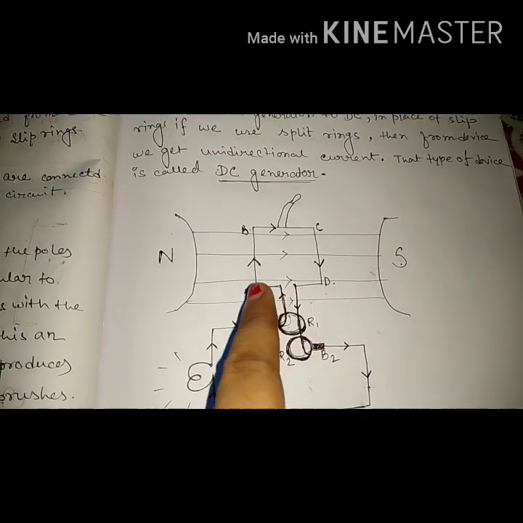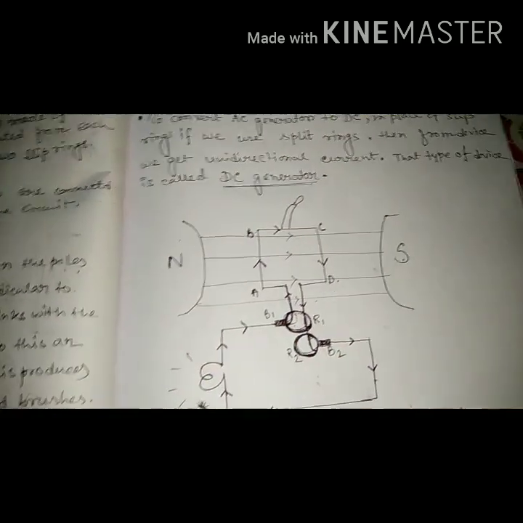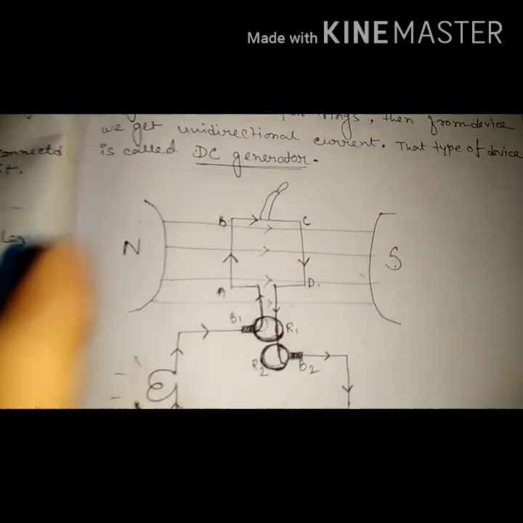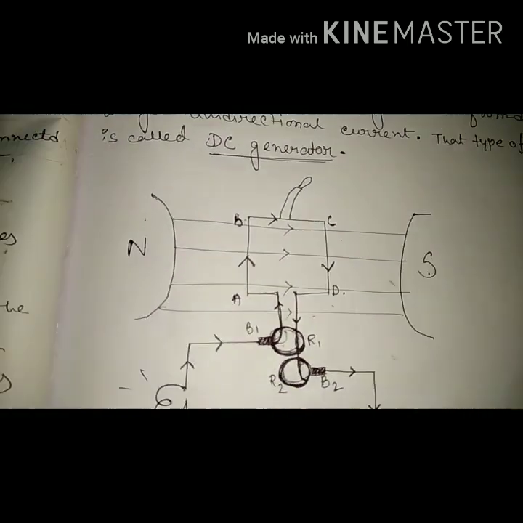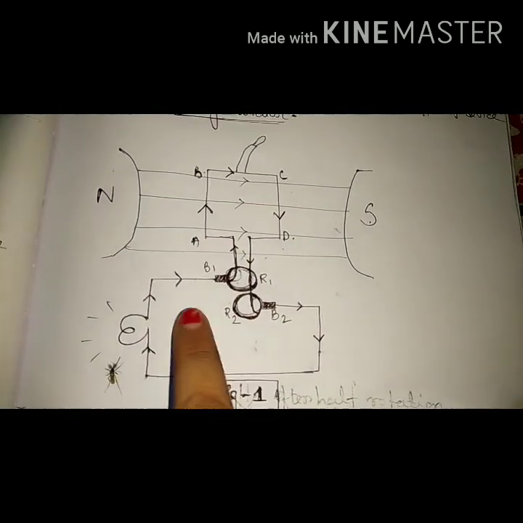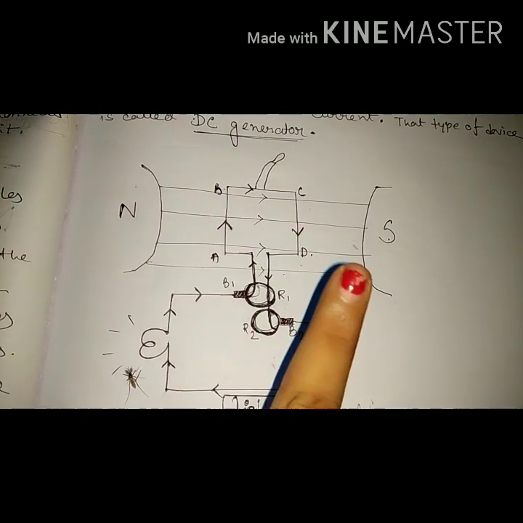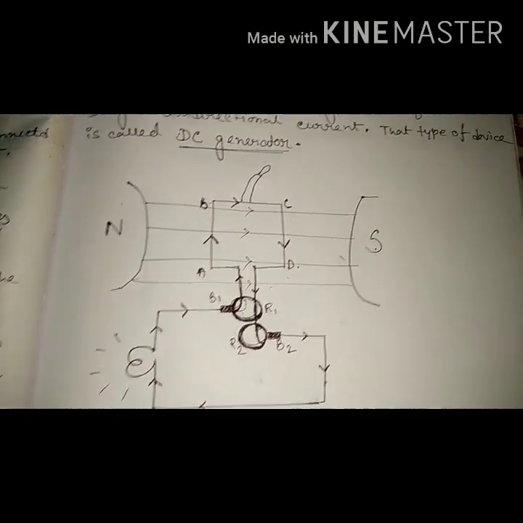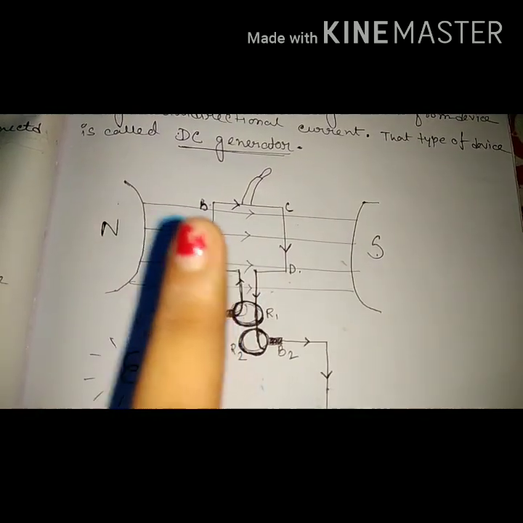That means when this armature is rotated inside the magnetic field, because a generator means mechanical energy to electrical energy, the machine works when it rotates, it produces the electric current. And how can we understand? If you attach a galvanometer there, you can see the galvanometer needle is deflected in both sides, because this is an AC generator, we also have DC generators.